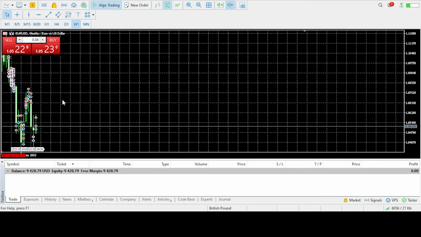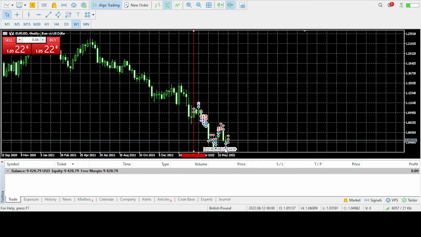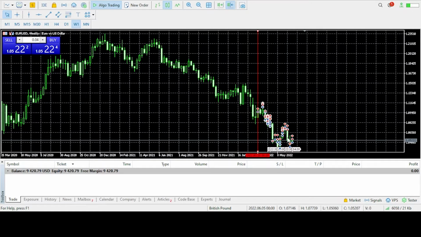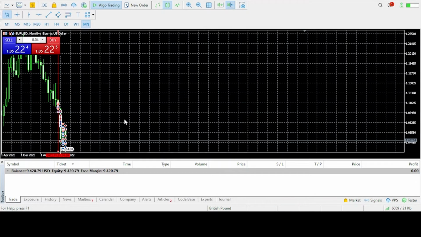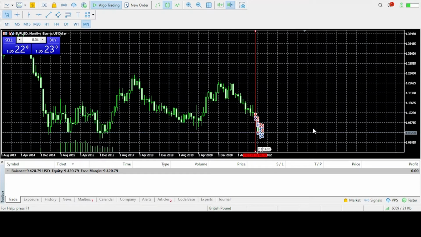On the weekly chart, you can see that there is a decline. This is a bearish candle. So different time frames help you see the trend.